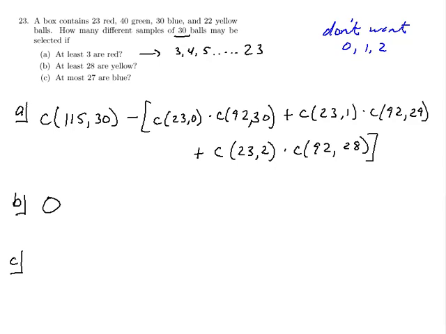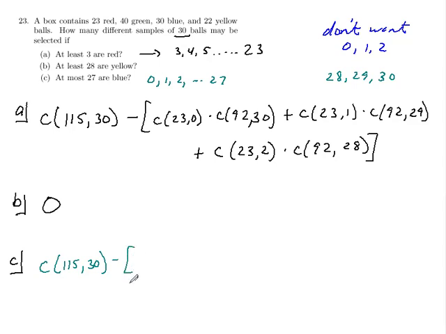Part C says, at most 27 are blue. Well, at most means 27 or less, so this is 0, 1, 2, all the way up to 27. For this one here, I don't want 28, 29, or 30. So total minus what I don't want. There's my total.